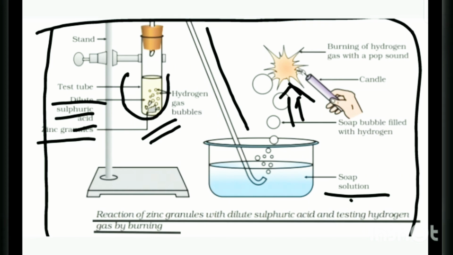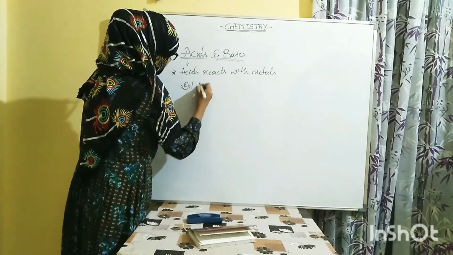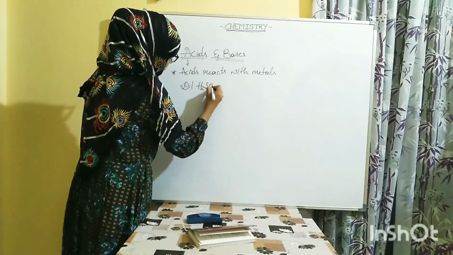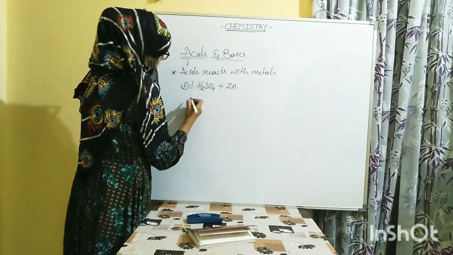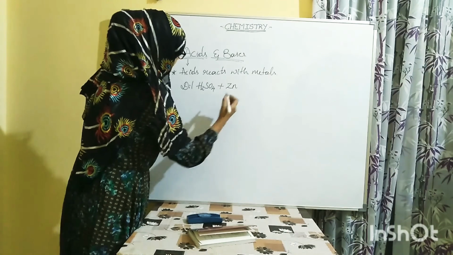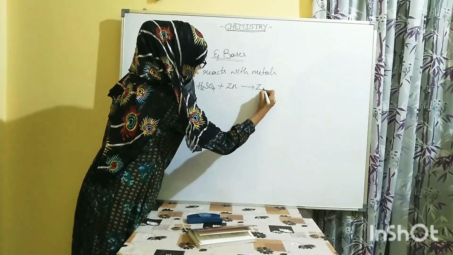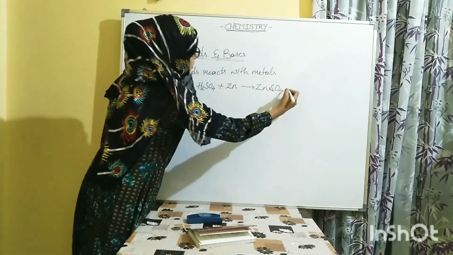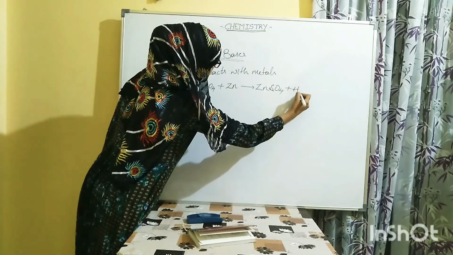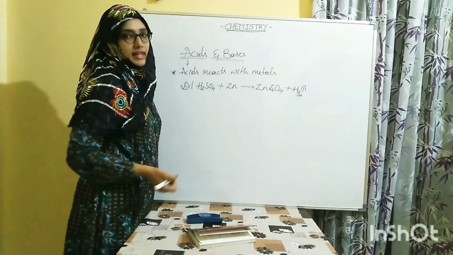How the reaction takes place, now we will see. How the dilute sulfuric acid reacts with zinc. The reaction will take place as zinc sulfate is formed with the liberation of H2 gas that we saw in the diagram.